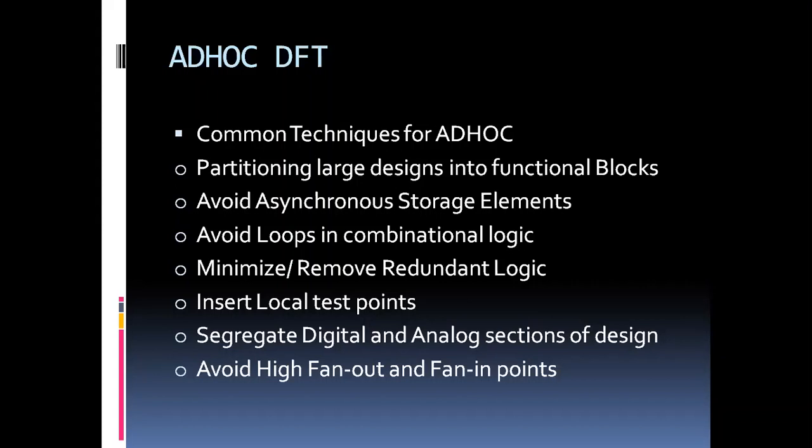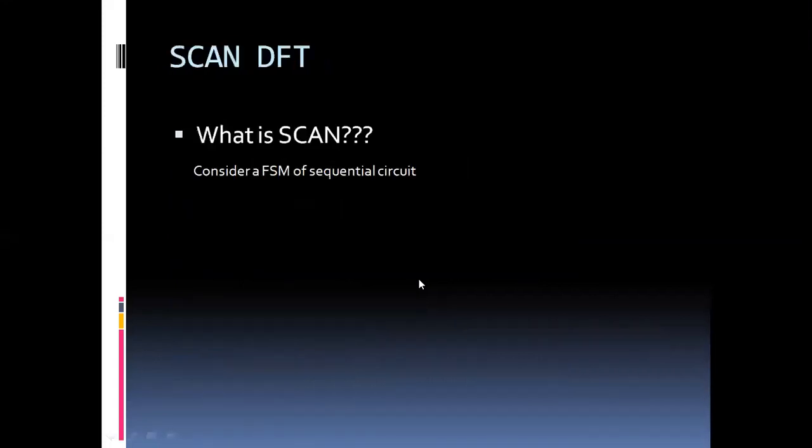At the same time, I have to avoid high fan out and fan in. What is the problem with the high fan out? If I'm having a high fan out or fan in, I will have problems applying the ATPG. So I should have low fan out and fan in points. So these are some common techniques. They may be numerous. They are learned with experience over time.